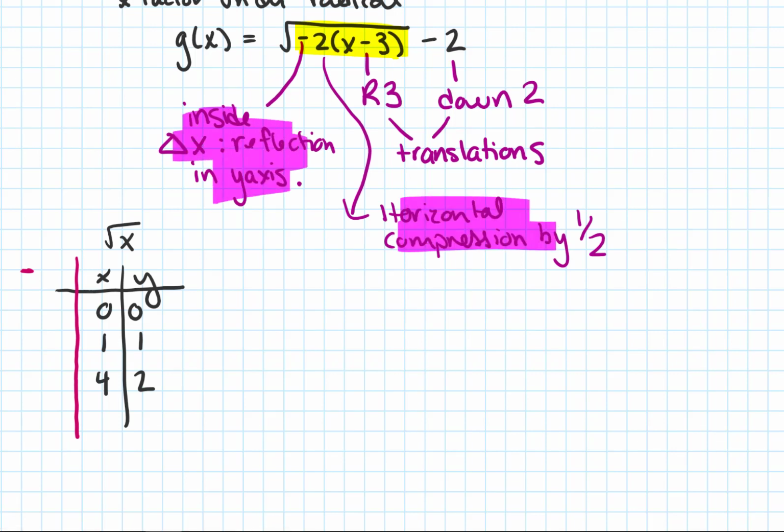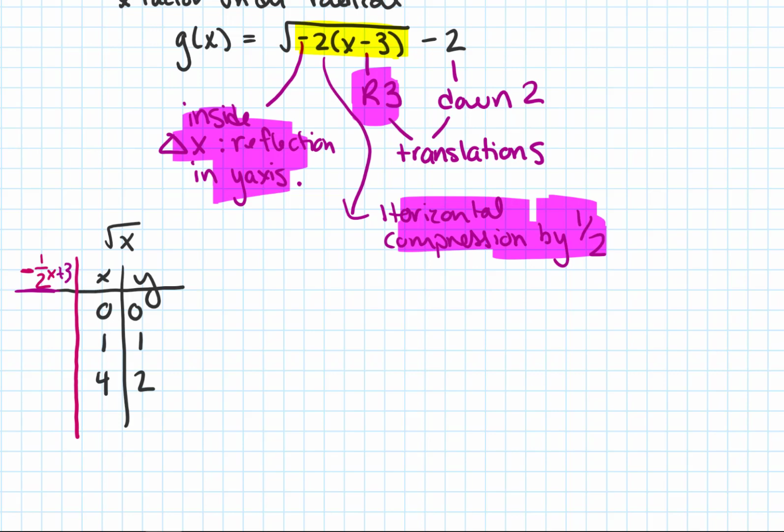Then I have a horizontal compression by 1/2. And then I have right 3. So I'm going to add 3. So I make one entire expression to do all of those transformations.